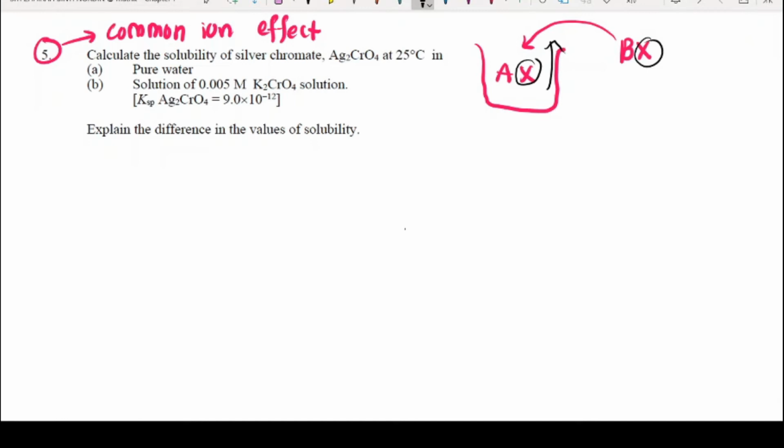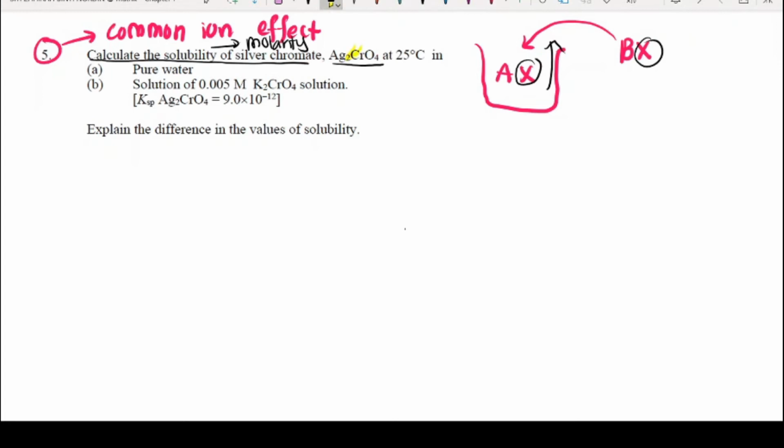So look at the question. Calculate the solubility of silver chromate. Okay, remember class, for solubility, we just need to find the molarity of Ag2CrO4 in A, the pure water. So just write the normal equation for its solubility process, and B, the solution of 0.005 molar K2CrO4.